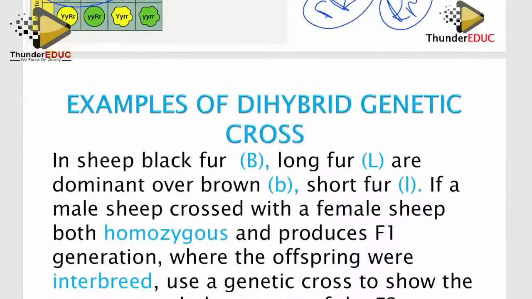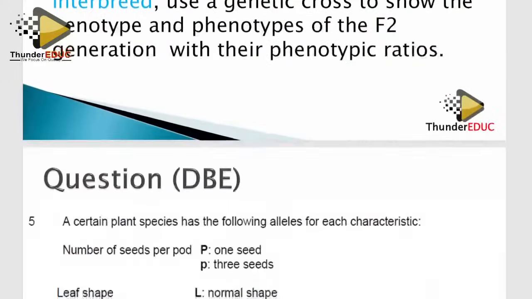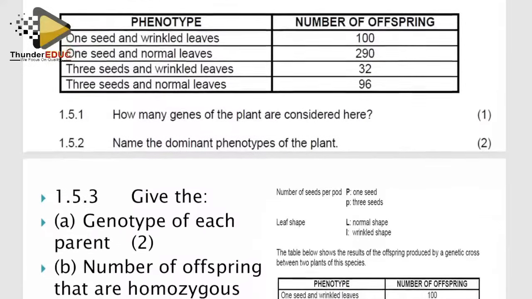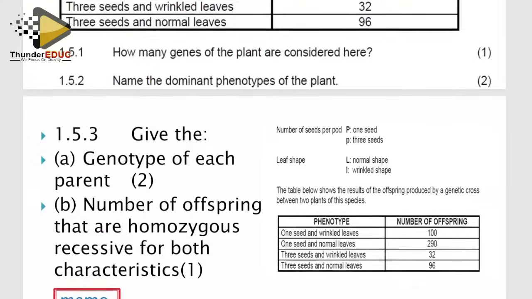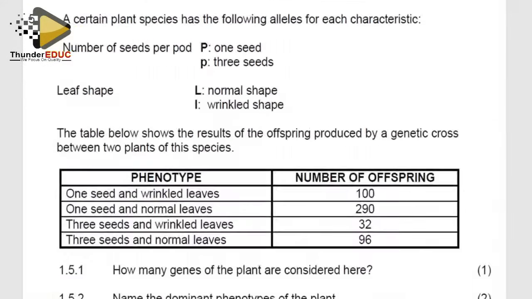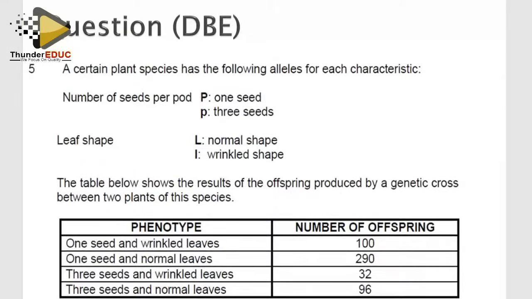So if they're like this, they can ask you the gametes from there, they can ask you the genotype there, they can ask you the percentage.